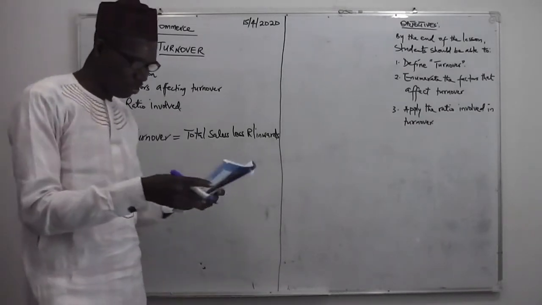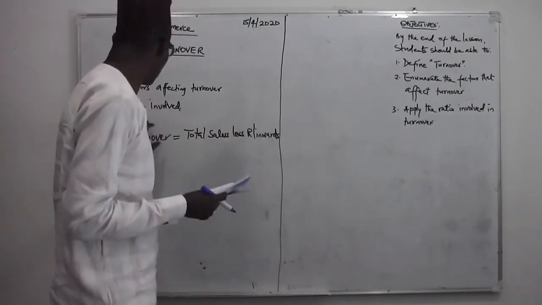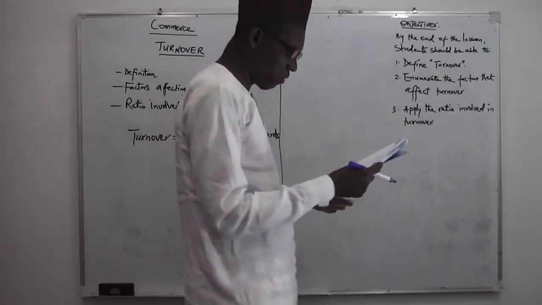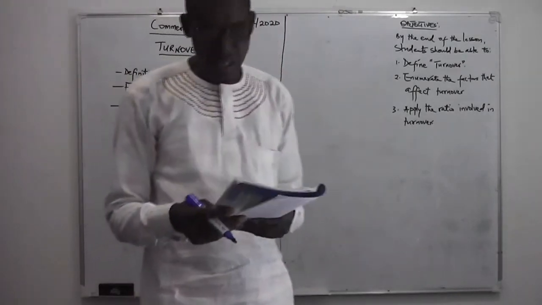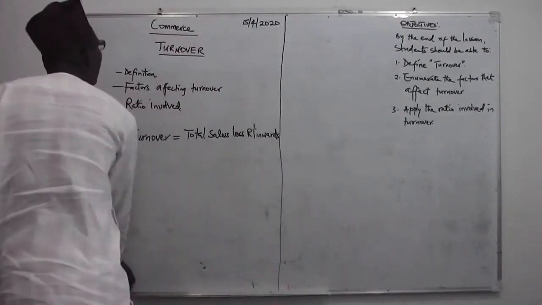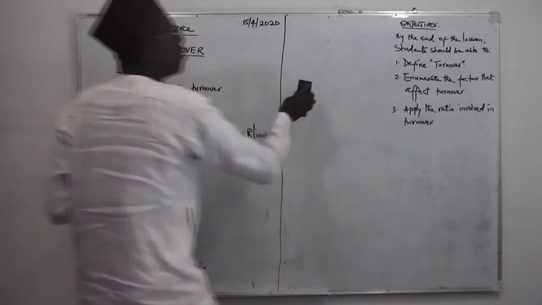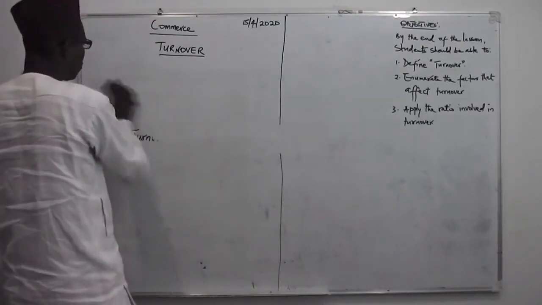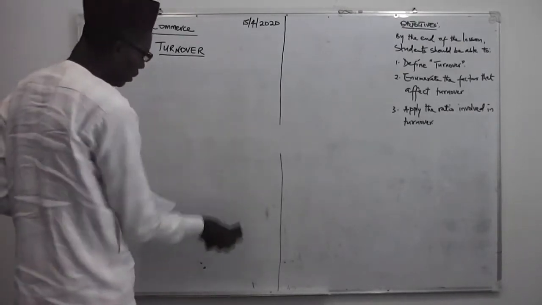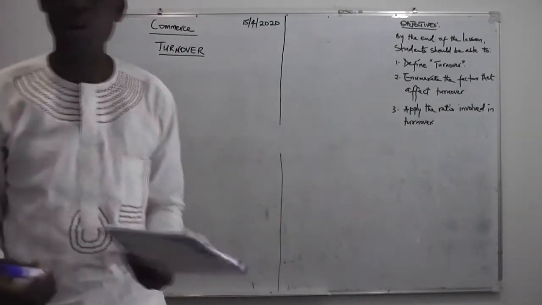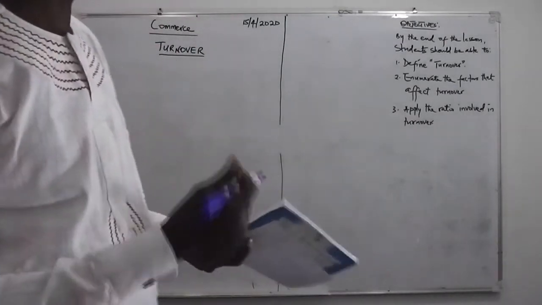Then quickly we look at the ratios which are involved in turnover. Before we talk about the ratios that involve turnover, you need to be able to prepare what is called the trading profit and loss account.